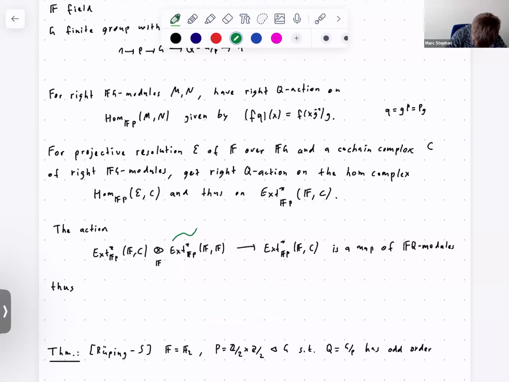And so here, let me also use the notation for group cohomology. That's H star of P with coefficients in F. We can look at the annihilator ideal of this action. I will call it J_C, where C refers to the cochain complex C. So the annihilator with respect to the group cohomology of this module.